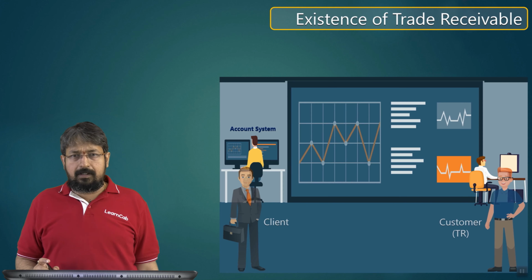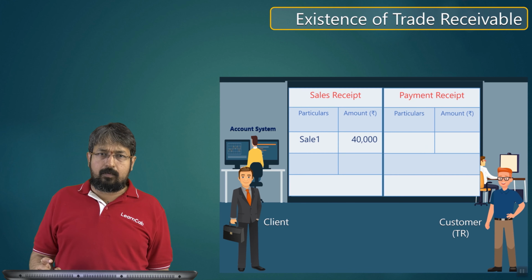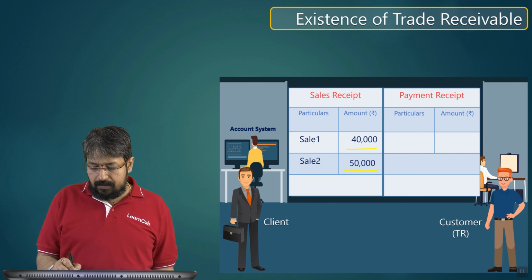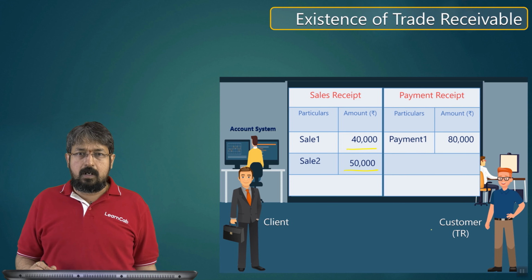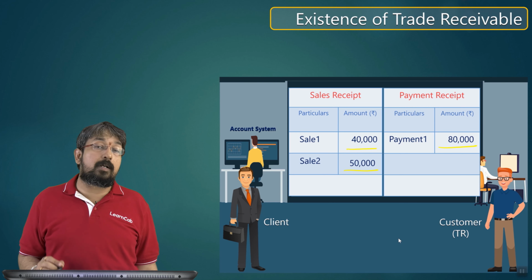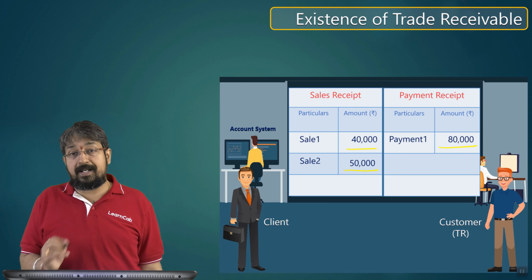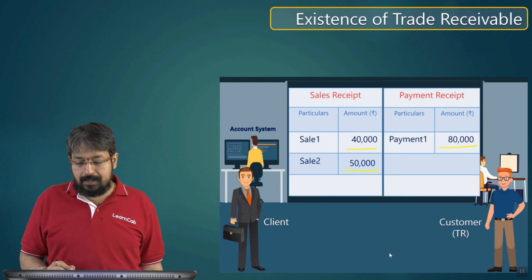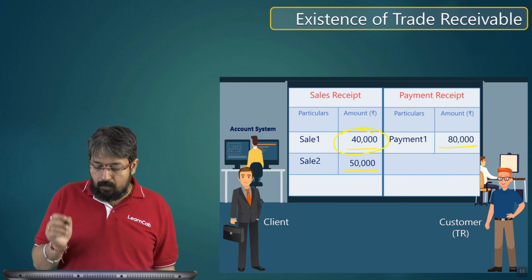Now take an example of the same situation where sale 1 is 40,000 and sale 2 is 50,000, but the payment done by the customer is 80,000. Now in this kind of scenario, what will you do? The customer has not given an instruction. So in such a case, follow the FIFO basis, adjust the sale 1 account first.